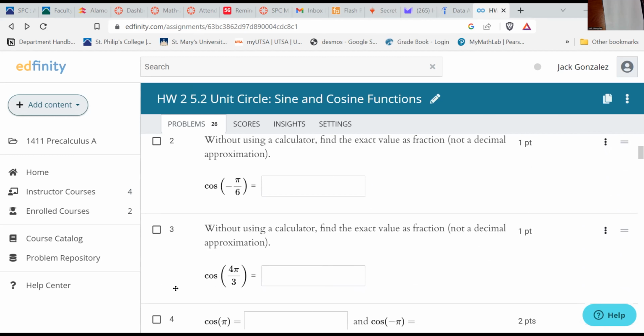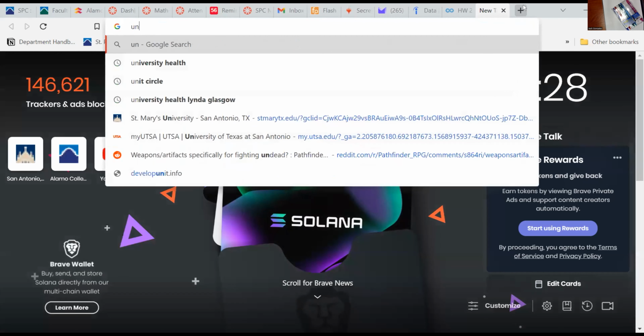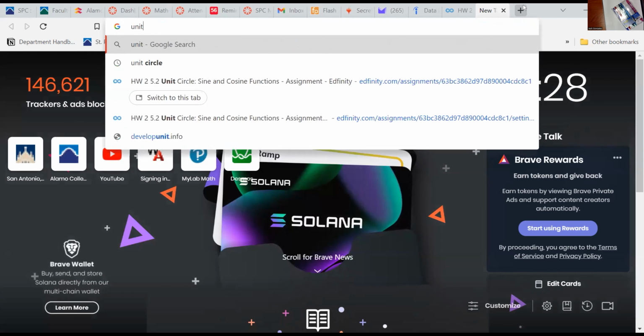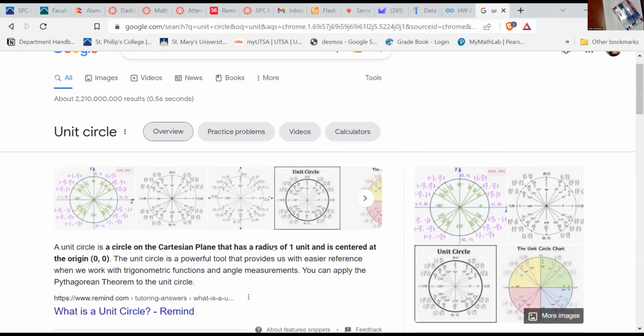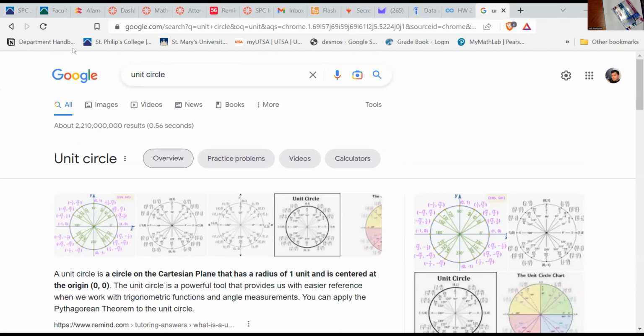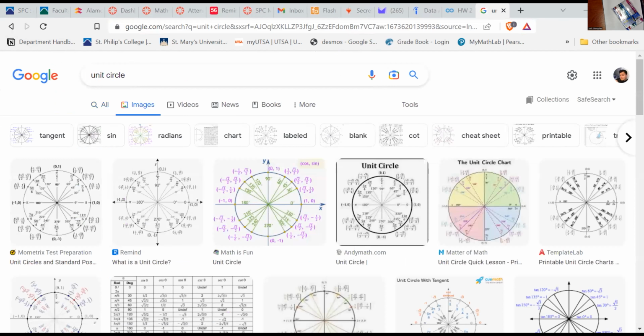I don't know where my unit circle is, but let me find a quick unit circle. The one I posted in Canvas, I think, is this one.